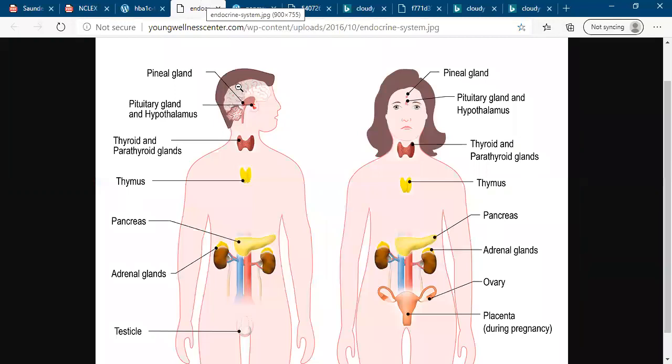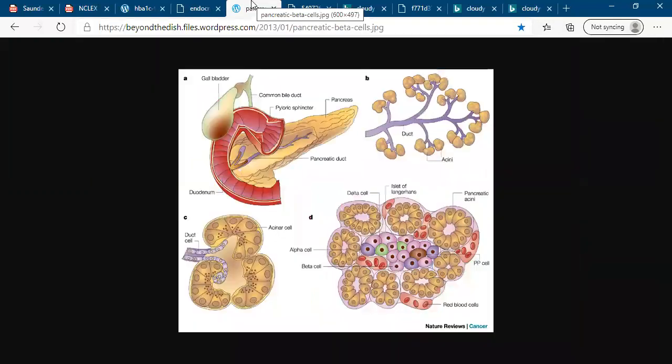So here this is the pancreas, and the pancreas secretes two types of cells, alpha cells and beta cells. Beta cells secrete insulin. If beta cells do not produce insulin, then glucose is not metabolized and the patient develops hyperglycemia, and it is called diabetes.